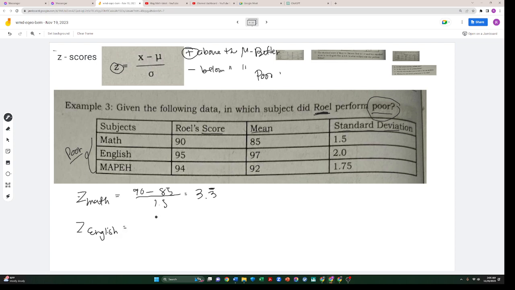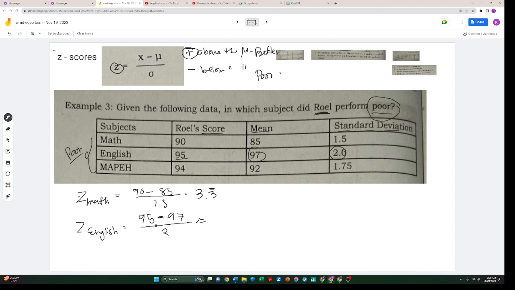So, Roel's score in English is 95 minus the mean. Mean is 97 and divided by standard deviation is 2. So, let's solve. So mabantayan pa lang ninyo daan diri sa mas dako ang mean, compare sa scores.